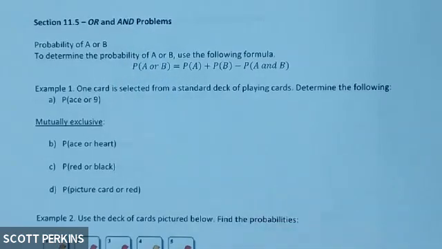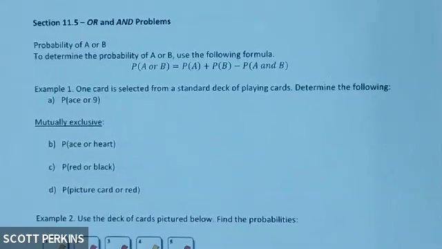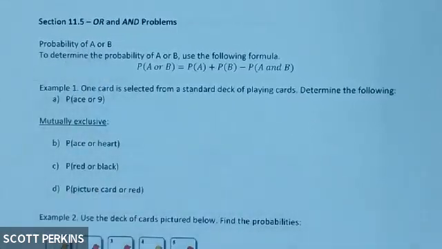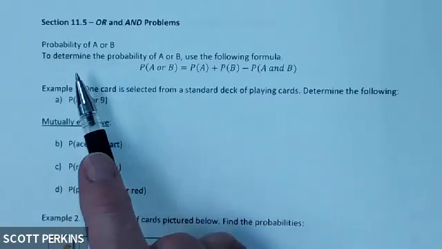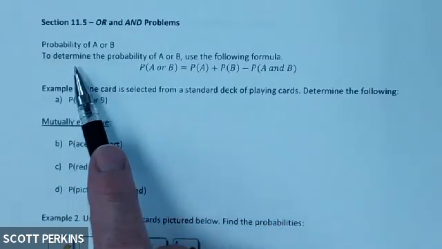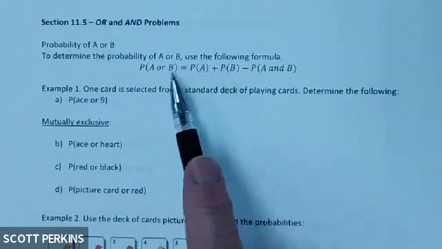Now, the key when we deal with an or event is we're doing one thing. We're drawing one card or performing our experiment once, and we want to know the probability of this or that, event A or event B happening. To determine the probability of event A or B, we use the following formula.